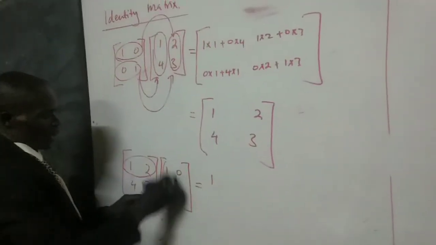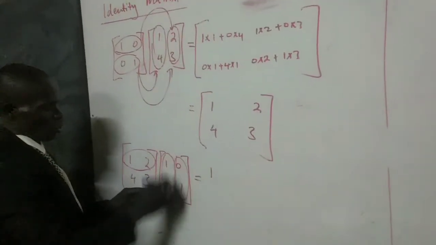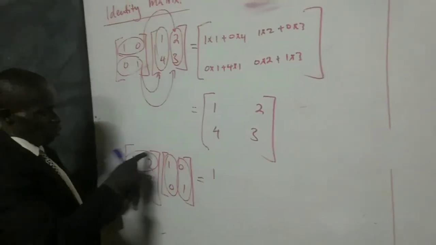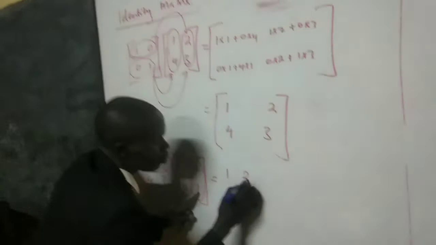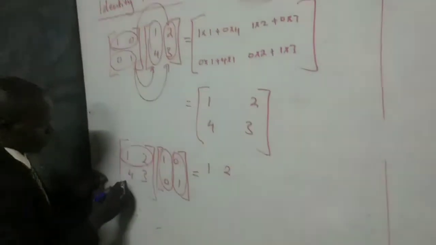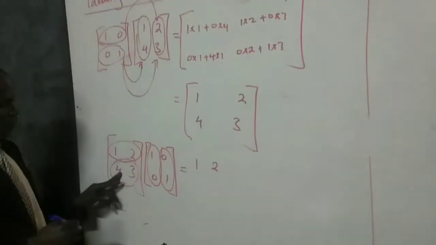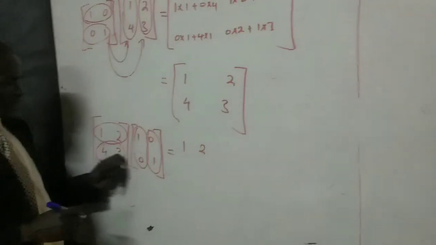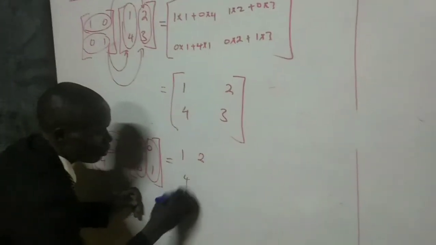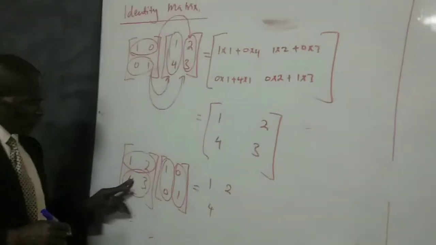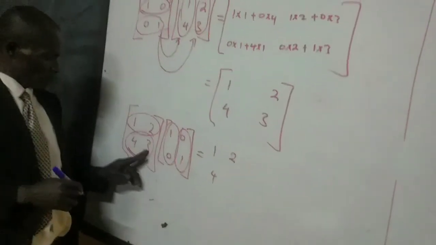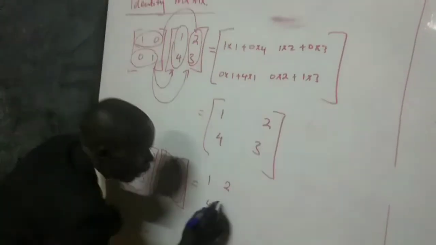Then we are now multiplying by this column, that is 1 times 0 plus 2 times 1, that is 2. Then we multiply this column, that is 4 times 1 plus 3 times 0, that is 4. And we multiply 4 times 0 plus 3 times 1, and that is 3.